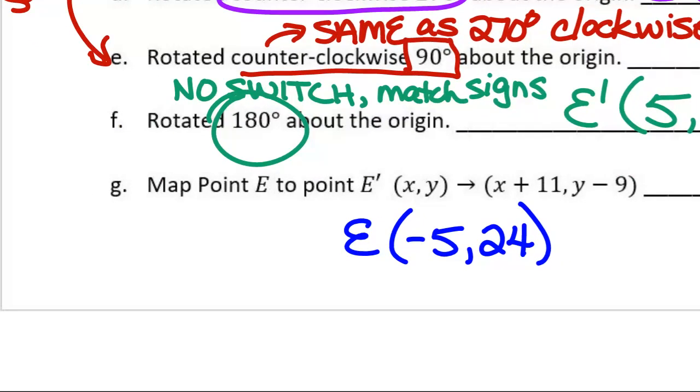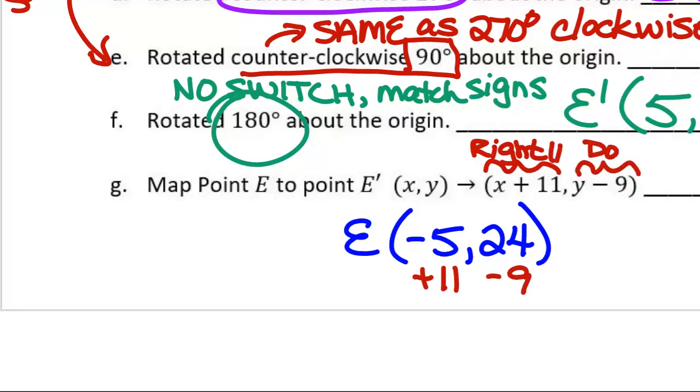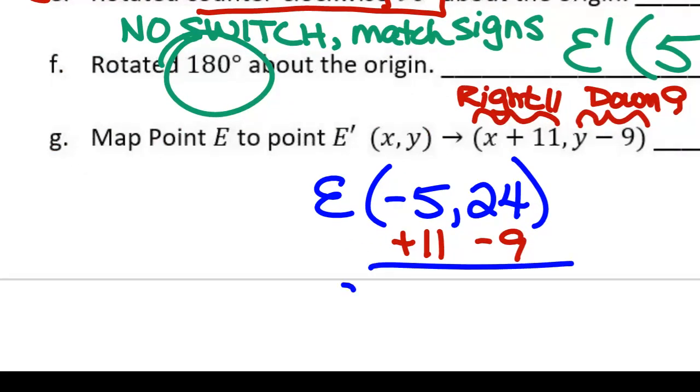It says we need to add 11 to the x's. It's going to send it right 11. And subtract 9 from the y's. That's going to send it down 9. So where would my point E prime be? Six.